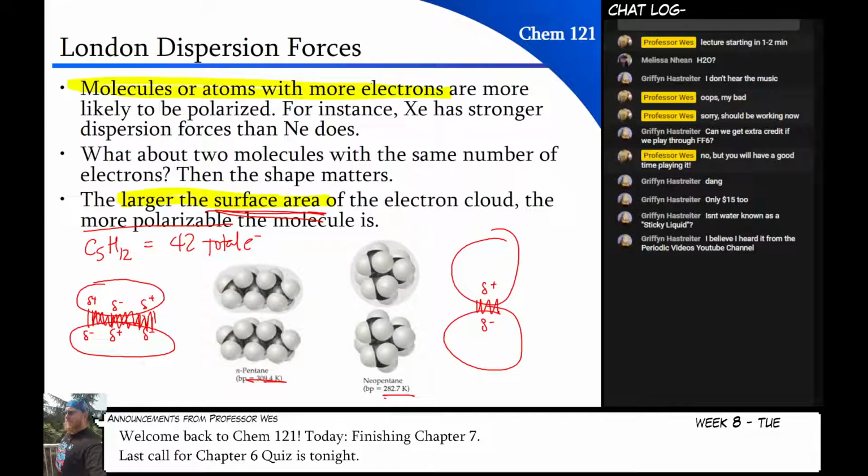Now, counting electrons is tedious. So instead, just consider molar mass. Because if we say that, as the molar mass increases, so does the number of electrons, then you don't have to sit there and count electrons and go, okay, well, each carbon is 6 total, plus each hydrogen is 1 total, plus each platinum is 94 total, or whatever. 70, I don't know.